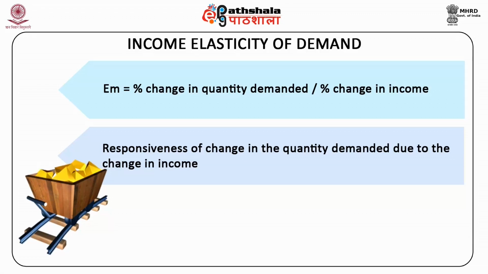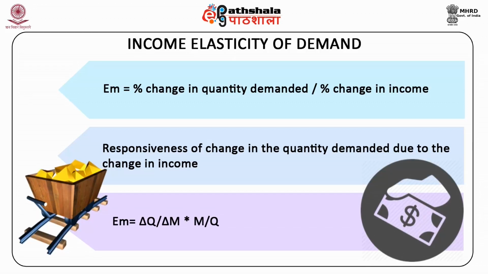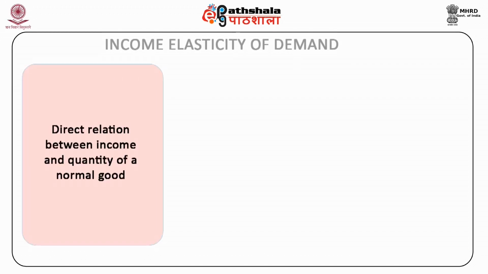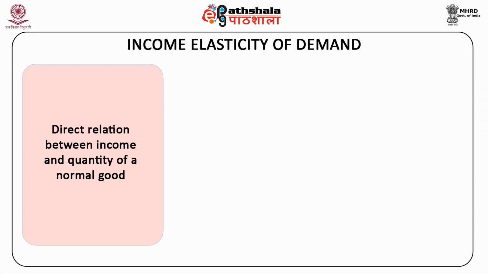The above equation can be written as EM is equal to change in Q by Q into 100 divided by change in M by M into 100, which is equal to change in Q by Q divided by change in M by M. Thus, EM is equal to change in Q by change in M into M by Q. Now, since there exists a direct relation between the income and quantity of a normal good, as the income of the consumer increases, the quantity demanded also increases.